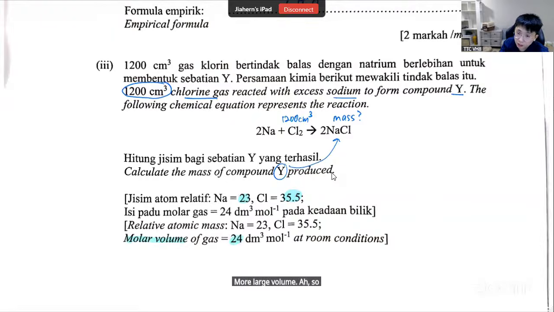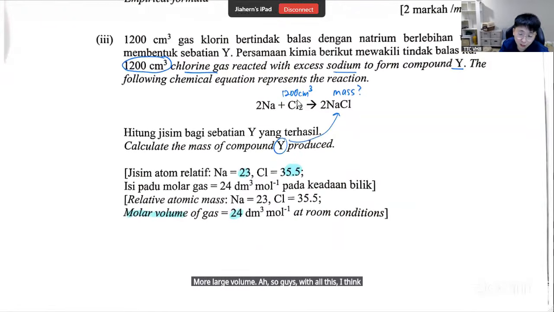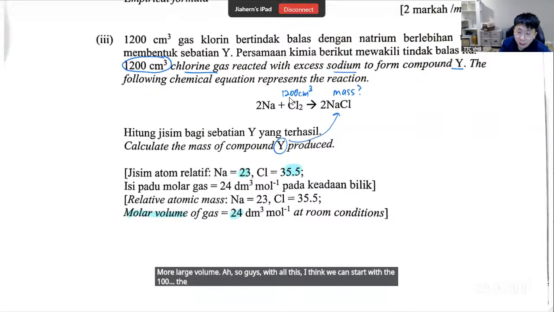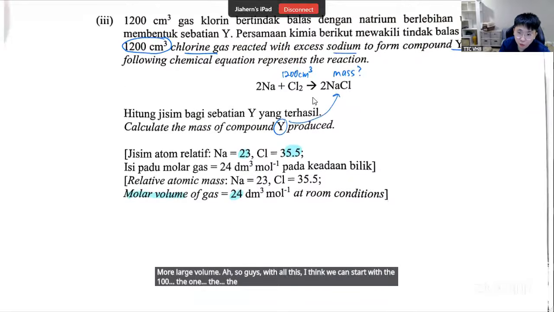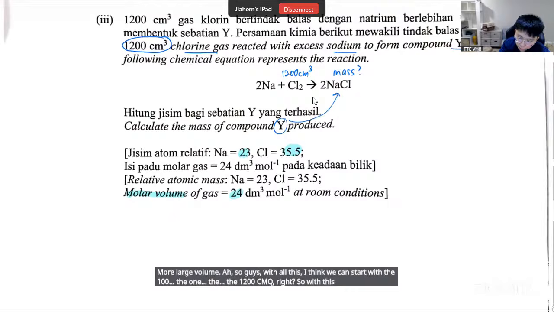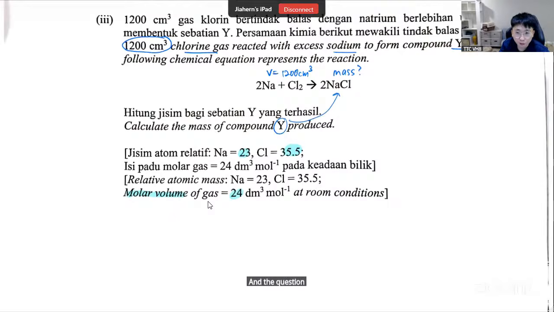So guys, with all this, I think we can start with the 1200 cm3. This is volume, and the question gives me molar volume. So what is your first step? Step 1 is number of mole of chlorine is equal to volume over molar volume. Volume is 1200. Wrong.